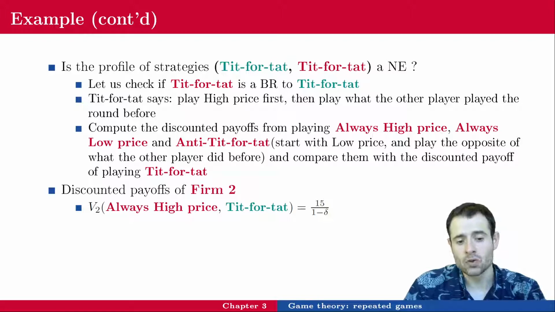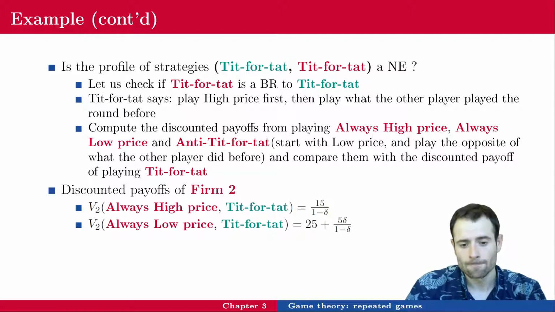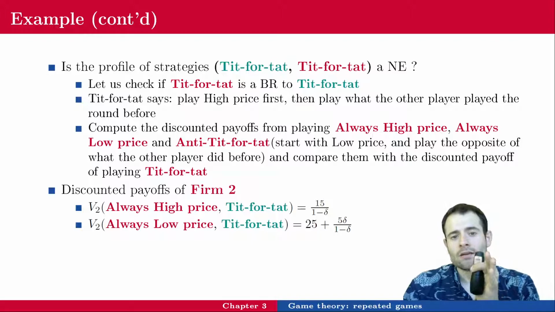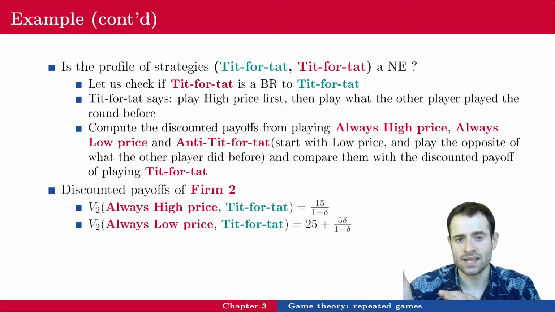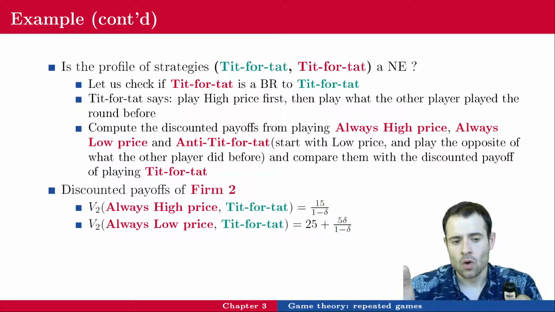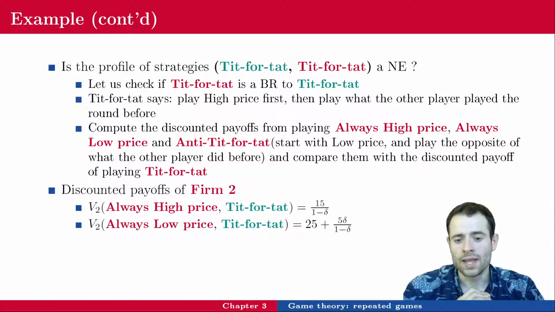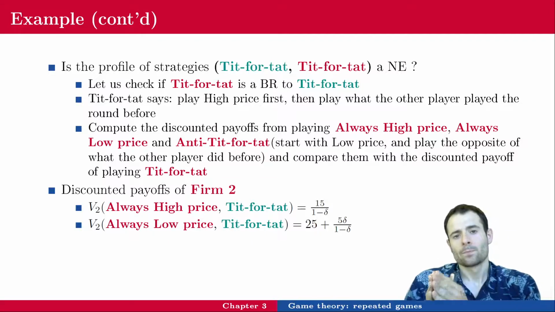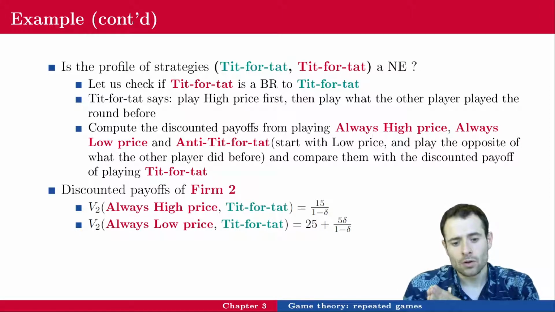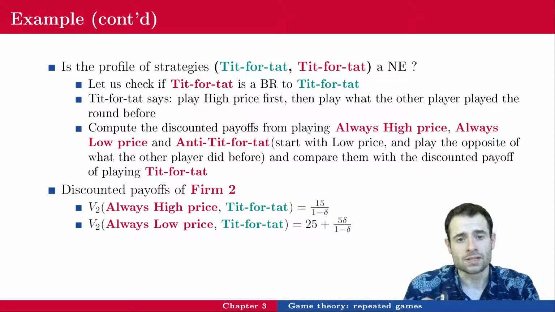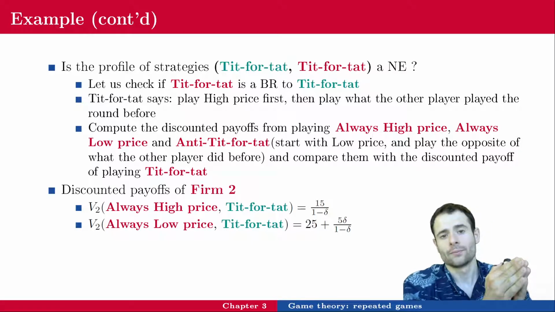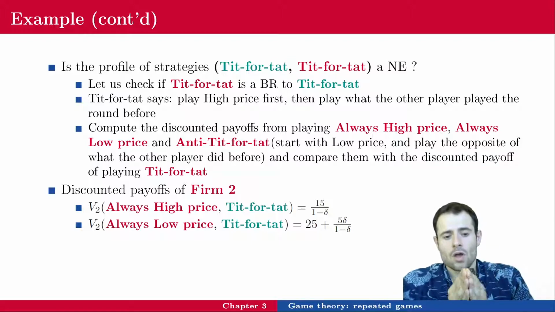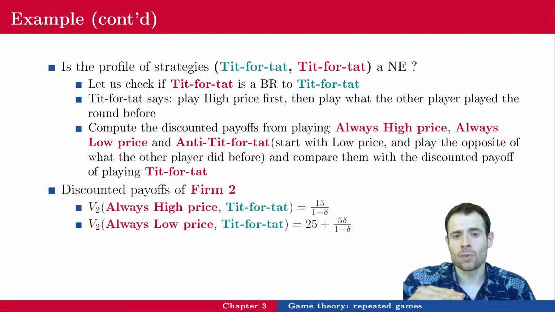Now, if firm 2 always plays low price, the first day, firm 1 will play high price. That's what tit for tat says. So on the first day, firm 2 will get a payoff of 25, the highest payoff. And then the day after, firm 1 is going to play low price because tit for tat says play what firm 2 did before. Firm 2 is playing low price no matter what.